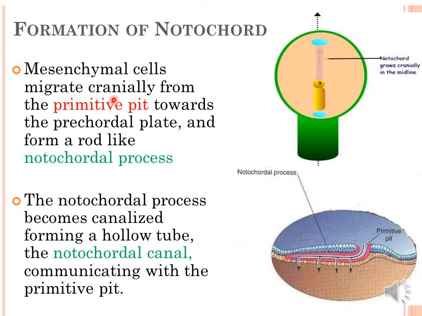Here again, as I mentioned before, the mesenchymal cells migrate cranially from the primitive pit. This is the primitive pit and the primitive node, and this is the site where the notochord appears. This cord will be canalized, forming a hollow tube, which is named the notochordal canal.